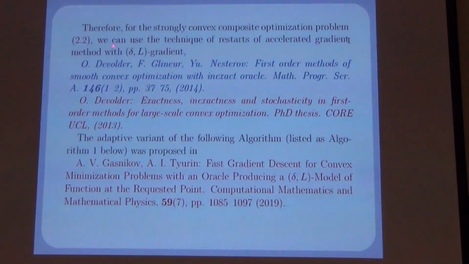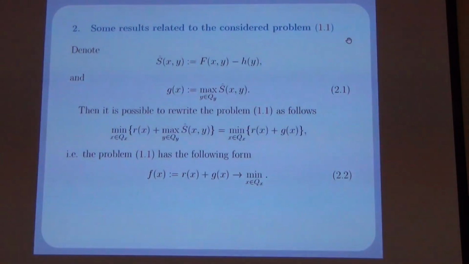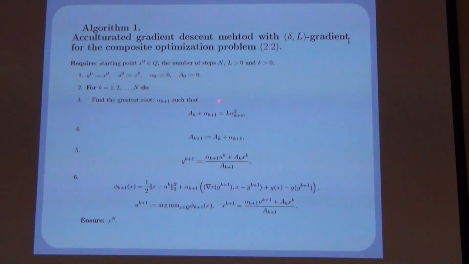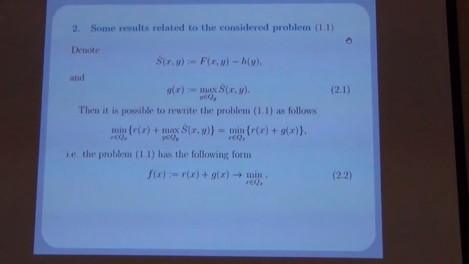This concept was considered and studied in Devolder's work. Therefore, for this strongly convex smooth composite optimization problem, we can use the technique of restarts of a scale-related gradient descent method. This is a scale-related gradient descent method with delta L gradient for composite optimization problems. We can use the technique of restarts of this algorithm in order to solve this problem.